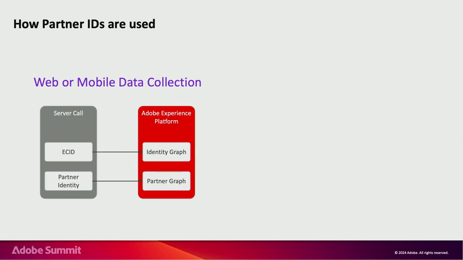And this is a super important thing to distinguish, because when you start looking at partner data, you have to create a new identity namespace inside of Platform. And we're going to show you how to do that. But it's important, they're completely separate. So when that partner data is brought in, it is not going to affect or impact or dilute or mess up or destroy your regular identity graph.